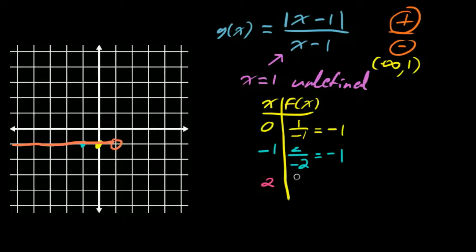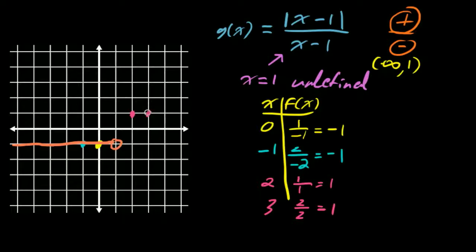Take the absolute value, that's still 1. Divide by 2 minus 1, that's also 1. So at x equal to 2, f of x is equal to 1. Similarly, at x equal to 3, 3 minus 1 is 2, absolute value of that is 2. Divide by 3 minus 1, that's also 2. So that's equal to 1, and we've still got that point right there.